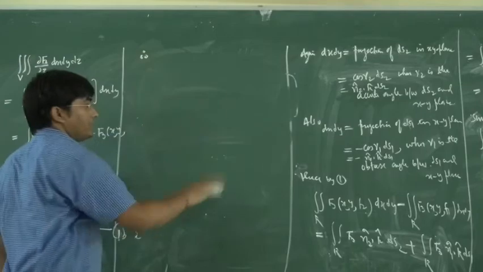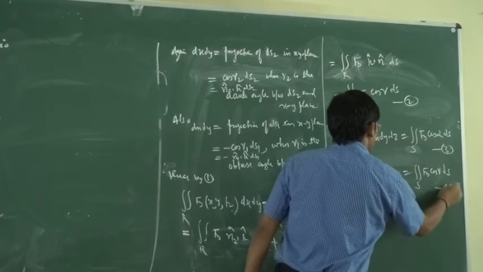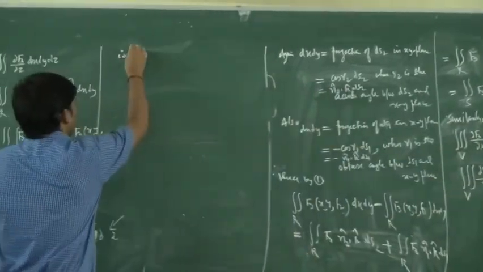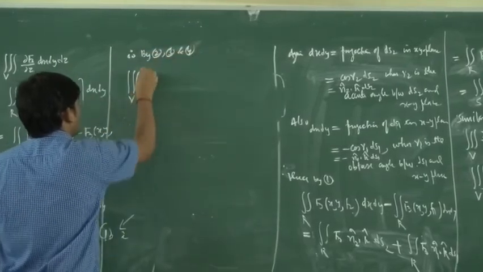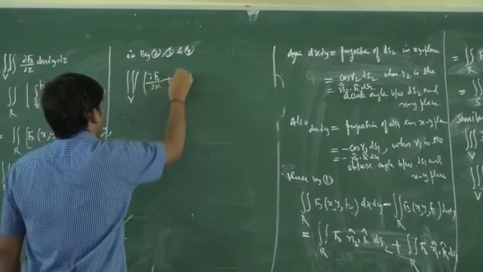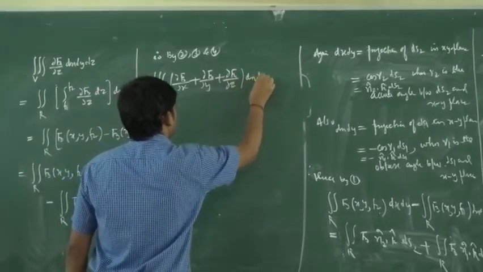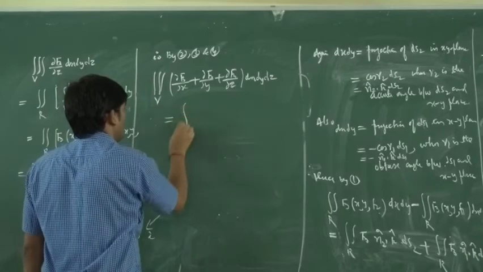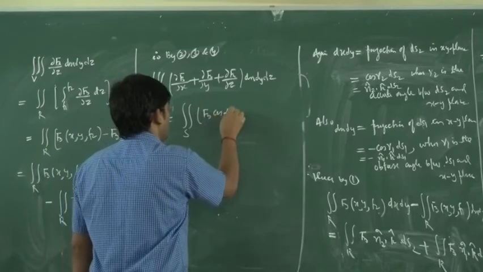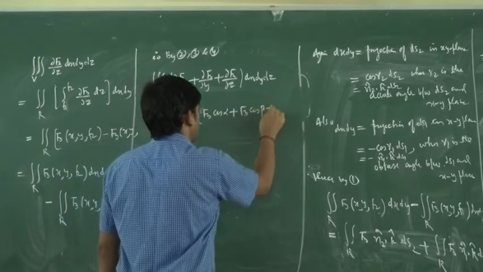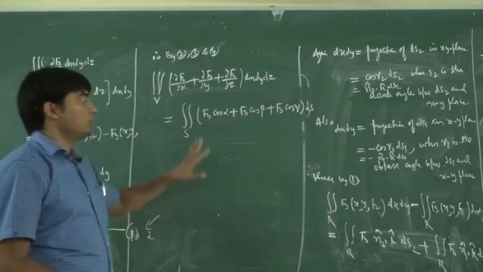Therefore, these are equations number 2, 3 and 4. If we add all these three equations, we get the sum of the triple integrals as equal to the surface integral of f1 cos alpha plus f2 cos beta plus f3 cos gamma dS, and this was the required result.